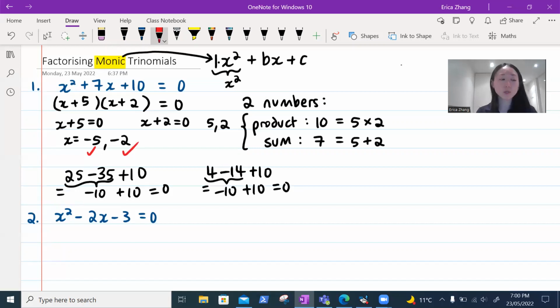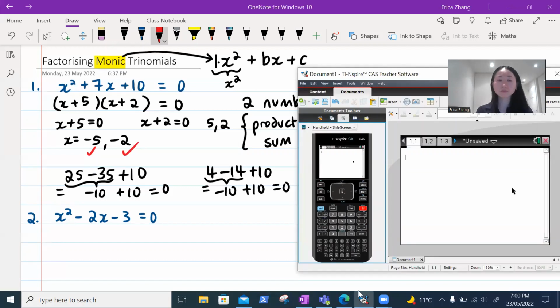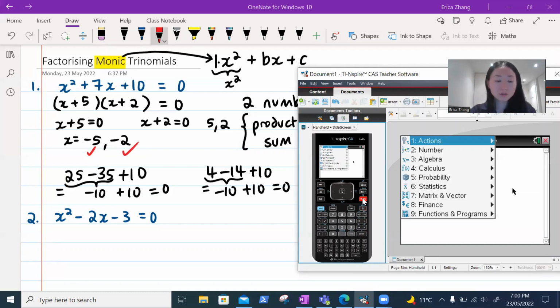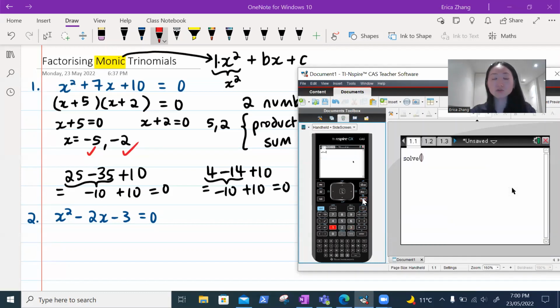Okay, now suppose that we have access to a calculator and we want to solve this in the most efficient way possible. To solve an equation like this, we have several options actually. Menu, algebra, solve, right? This is when you can just type in the entire equation.